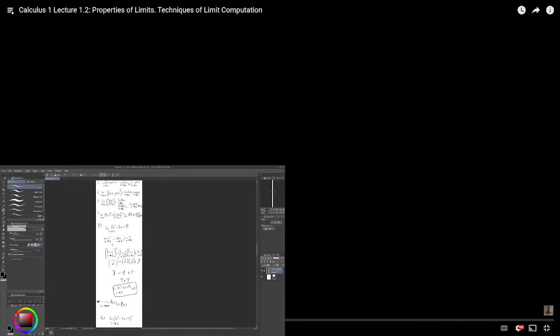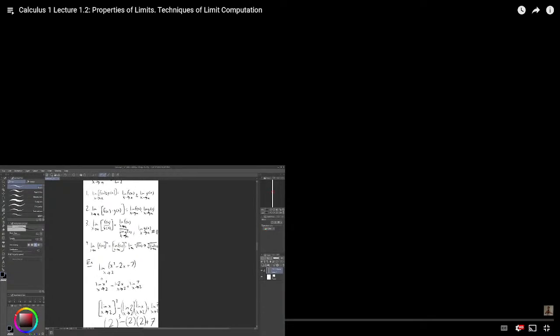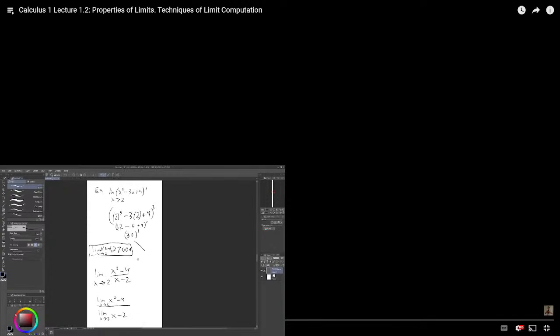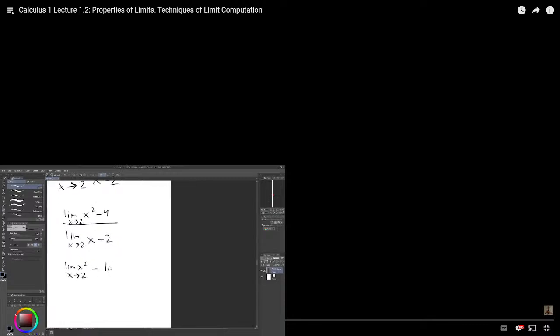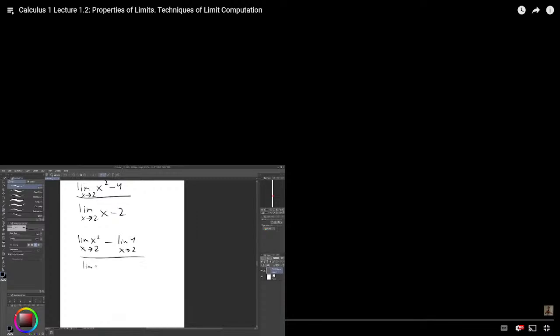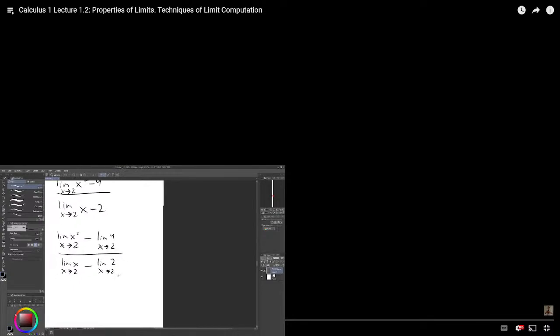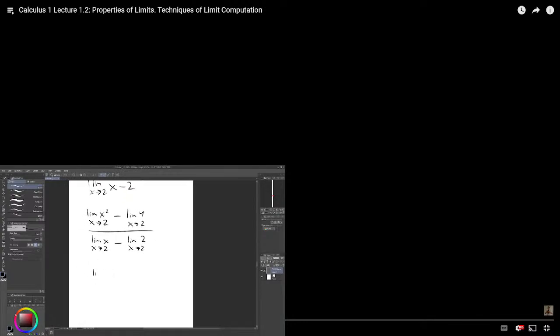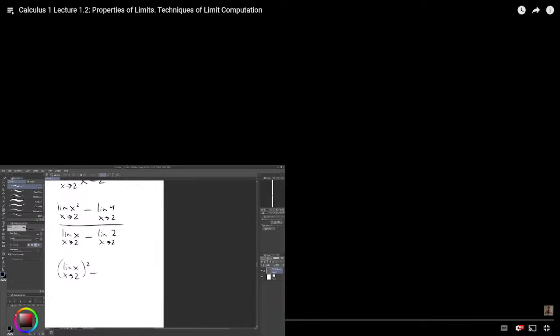That is a property, right? Okay, limit of 4 as x approaches 2 is 4.